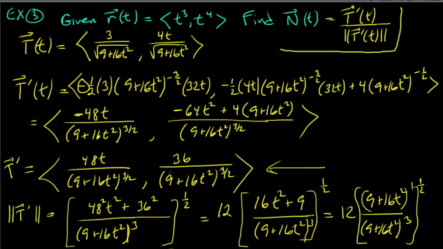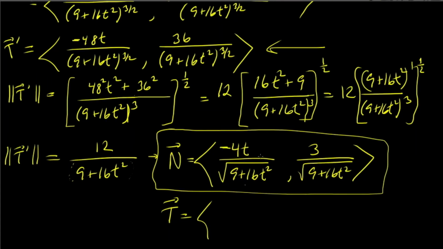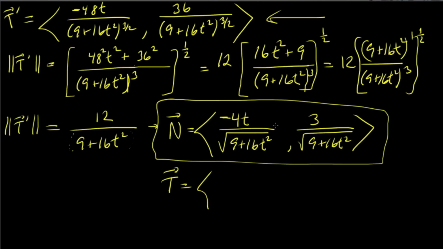So that should be a negative 48. But you're squaring it, so that becomes a positive at that point. So the first component of t prime was negative, which means there's a negative in front of the 4t. Well, I'm glad I caught that, because that would have been bad.